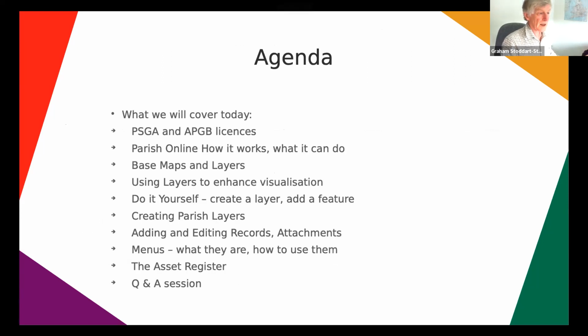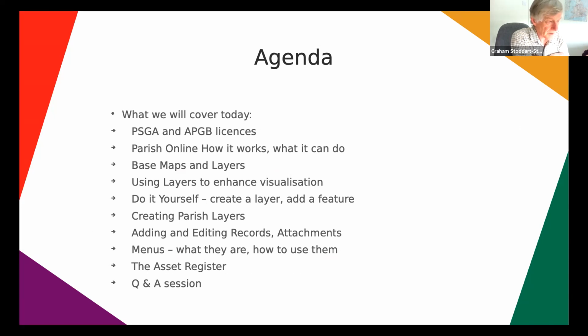So what we're going to cover today is how you get hold of the proper licenses to enable the system you've got to work in the highest level of detail. Then we're going to show you, as I said, what the system can do and how it does it. We'll then talk about the maps and layers that make up the entire system, and then how you use those to advantage to give people a much better view of what it is you're trying to convey.